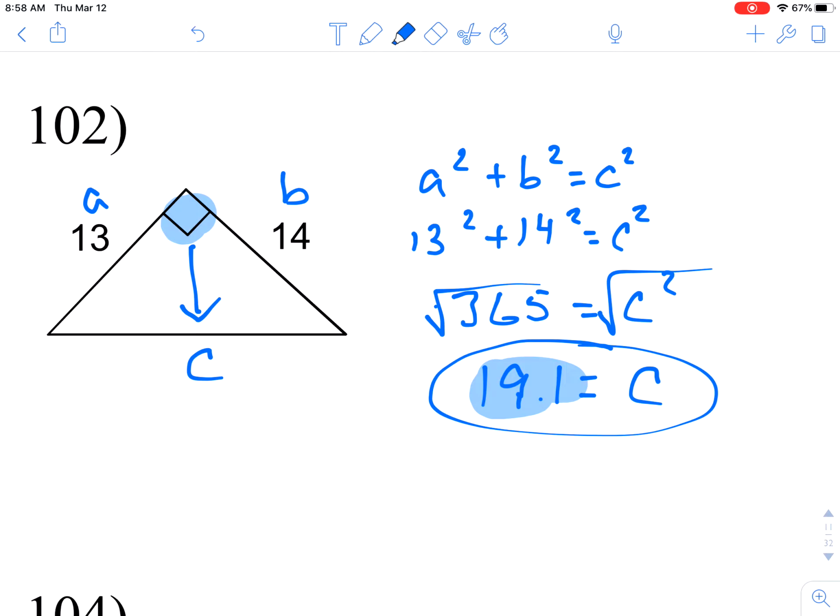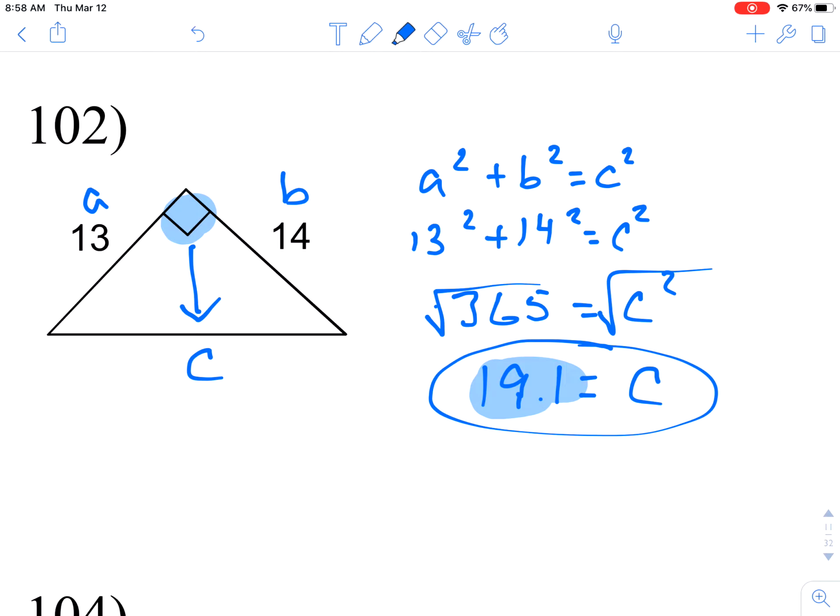And again, I want to find the square root. And so the square root of C squared is still C. The square root of 109 is 10.44. Again, I'm going to round to the nearest tenth. So since the second 4 is less than 5, we're going to leave it the same. So 10.4.